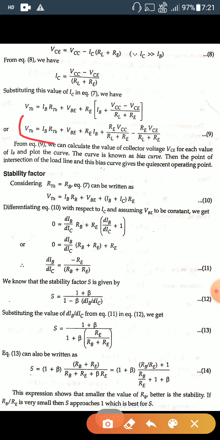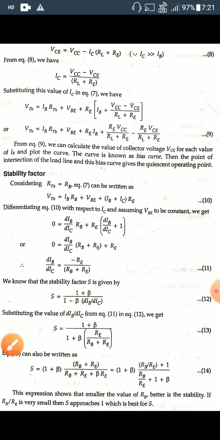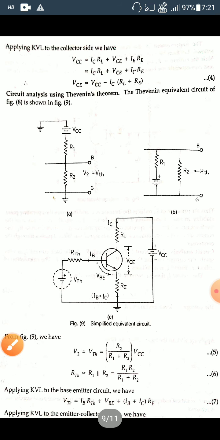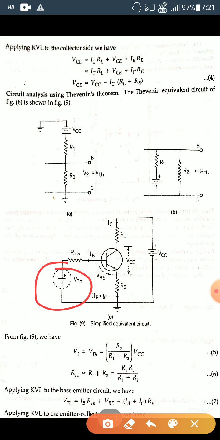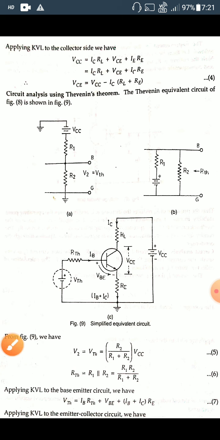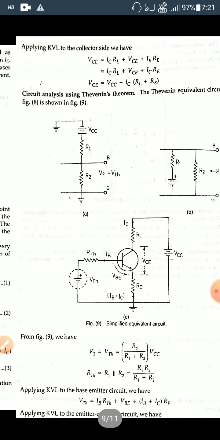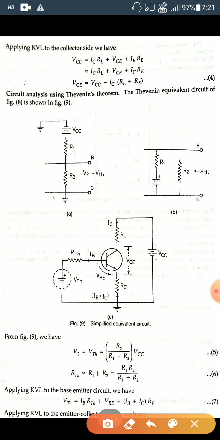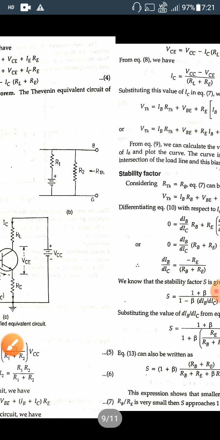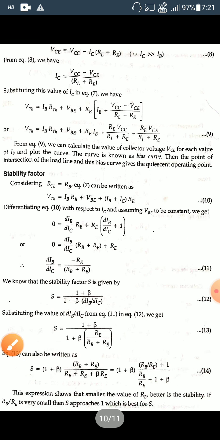For the VTH, this is the equation, and you put the value in this portion, and then you can automatically calculate the equation for this side and this side also.